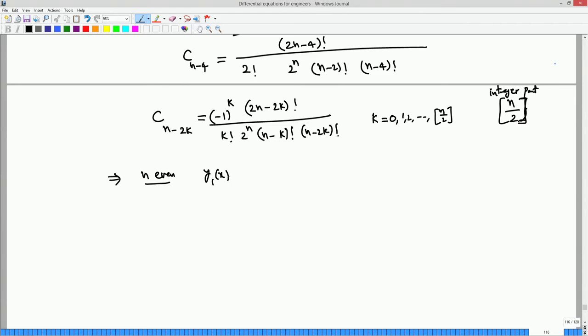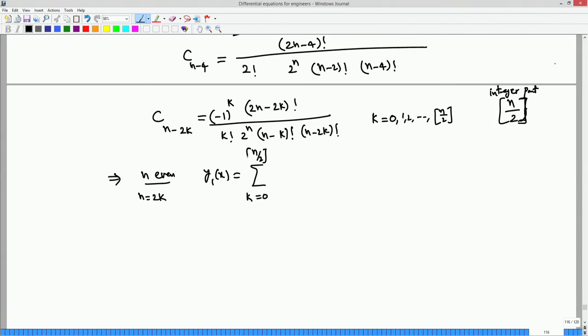So, let us say simply if n is even, what happens to your y1 of x now? Y1 of x is C0, C1, okay, everything in terms of Ck, and Ck I fixed now, this number, whatever the coefficient of Pn. Then you simply have n from 0 to n is even. So, n equal to 2k. Okay. So, if you do that, k is from 0 to n by 2.